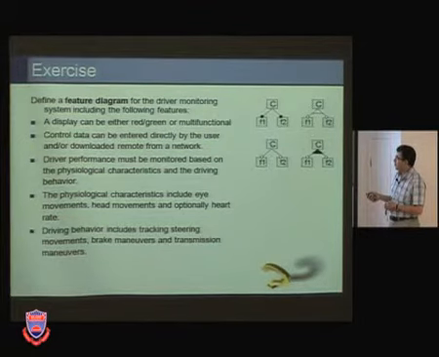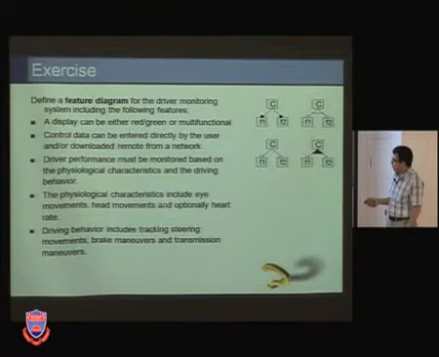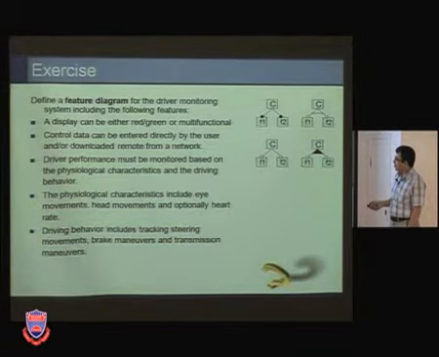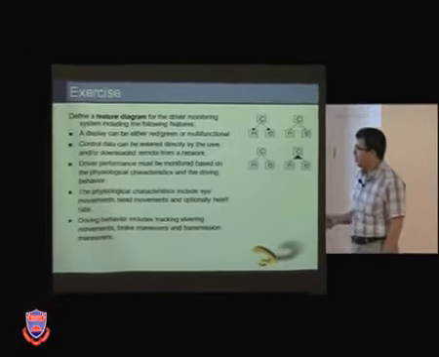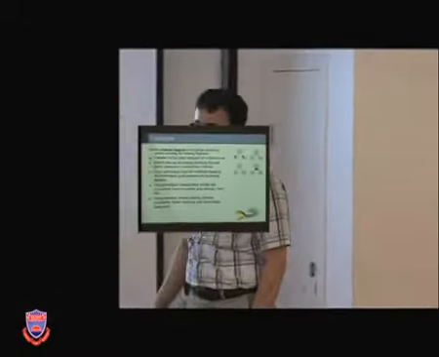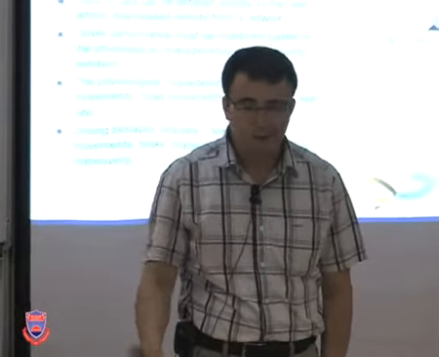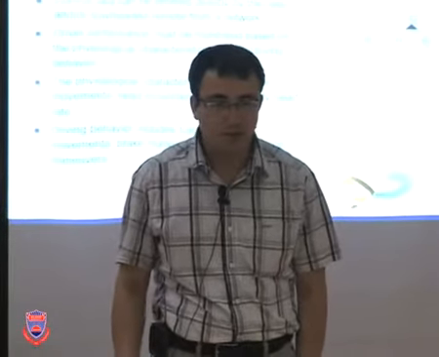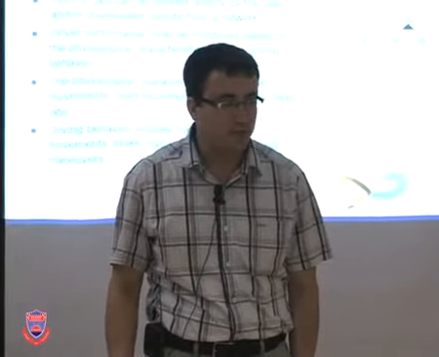Driver performance must be monitored based on physiological characteristics and driving behavior. Physiological characteristics include eye movements, head movements, and optionally heart rate. Driving behavior includes tracking, steering movements, brake maneuvers, and transmission maneuvers. Okay, just take a paper and try to define the feature diagram.